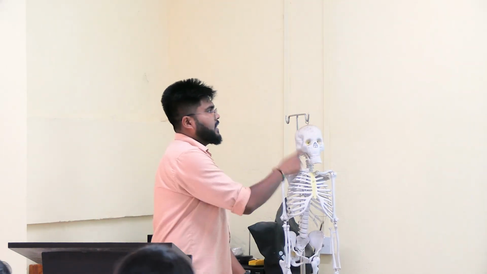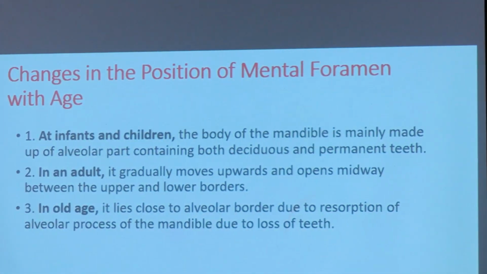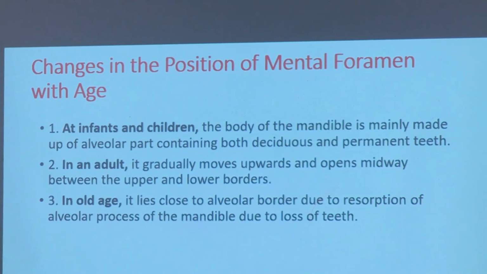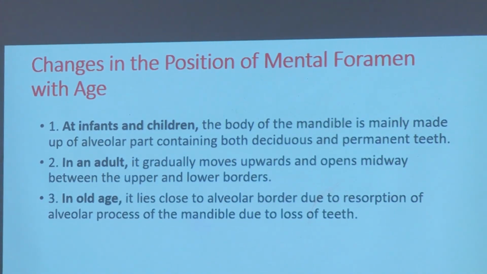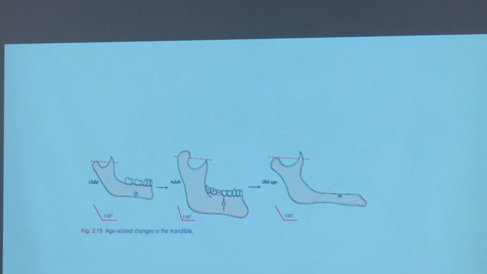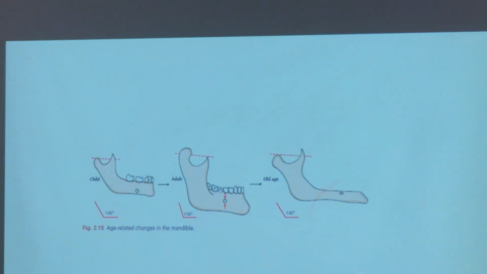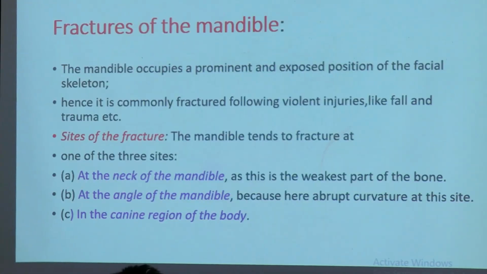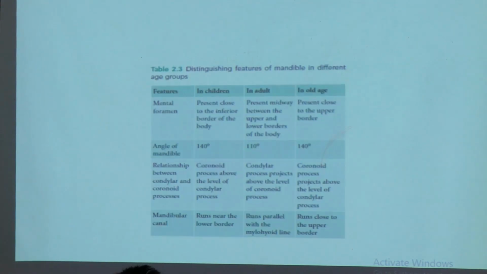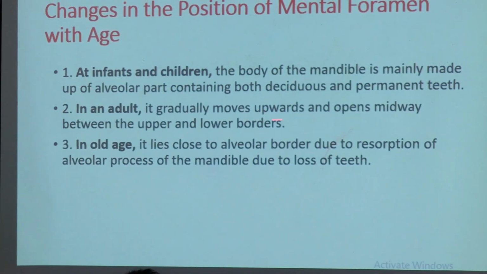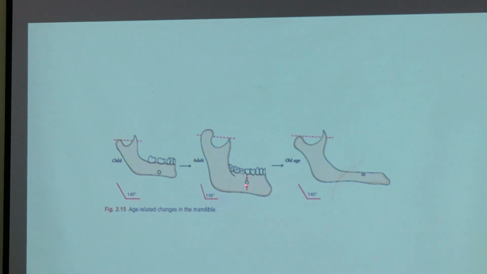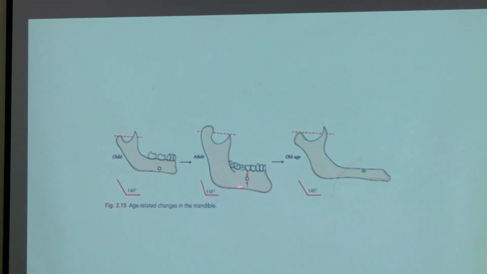In infants and children, the body of the mandible is mainly made of the alveolar part, containing both the deciduous and permanent teeth. That's why in children this is lower, but in the adult this is present mainly at the midline, in the middle between the upper and lower border.